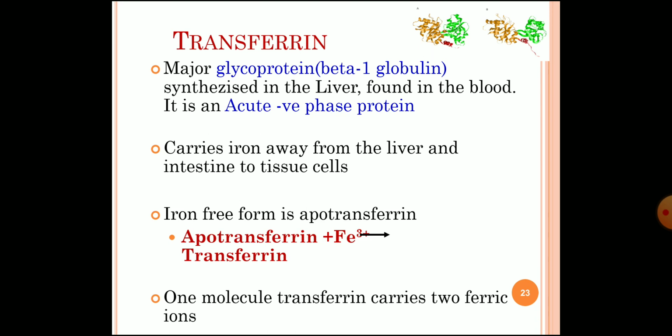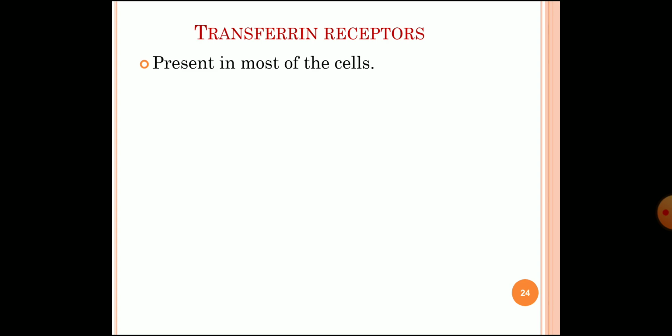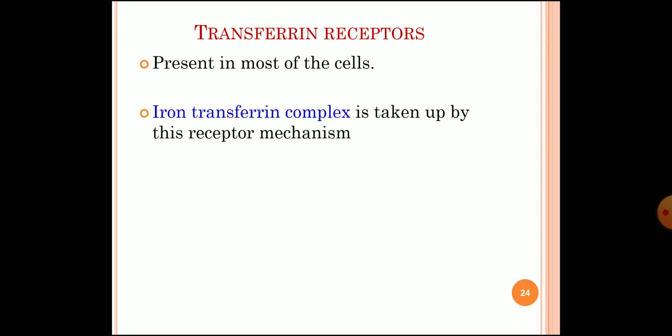One molecule of transferrin carries two ferric ions. So to form one transferrin molecule, it requires two ferric ions. Then there are transferrin receptors present on most of the cells, and the iron-transferrin complex is taken by the receptor mechanism that I have shown in that diagram.